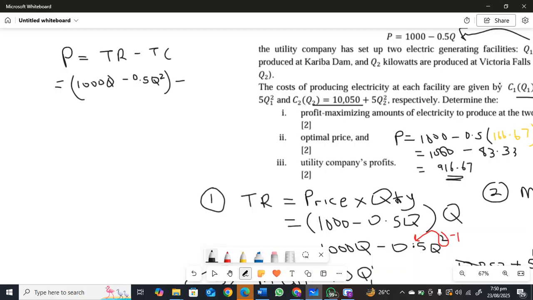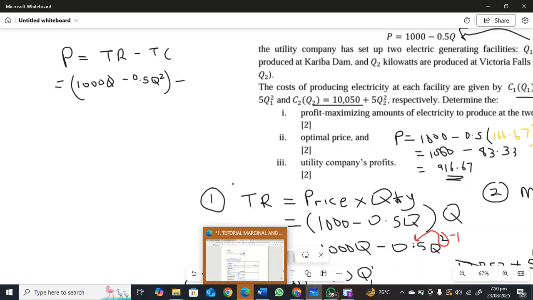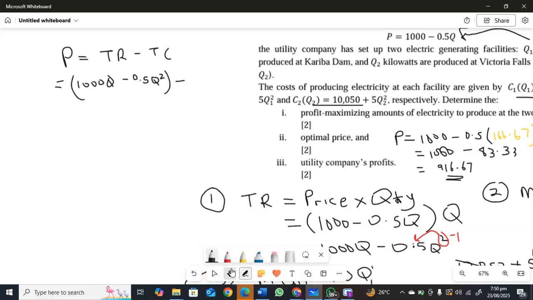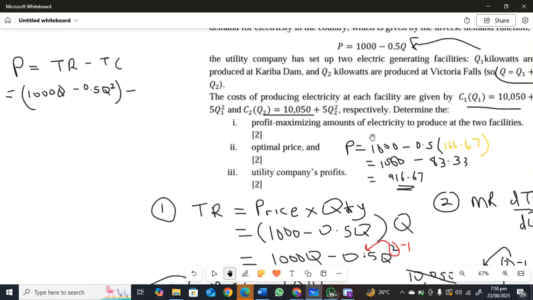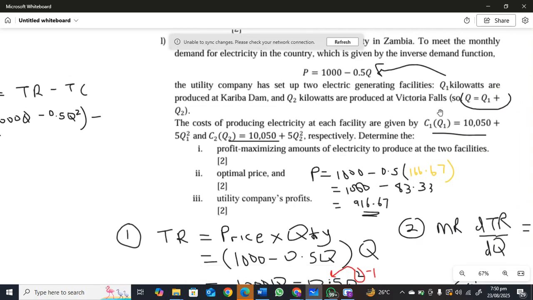We add these C1 Q1, C2 Q2. Okay, 10,050 plus 10,050.